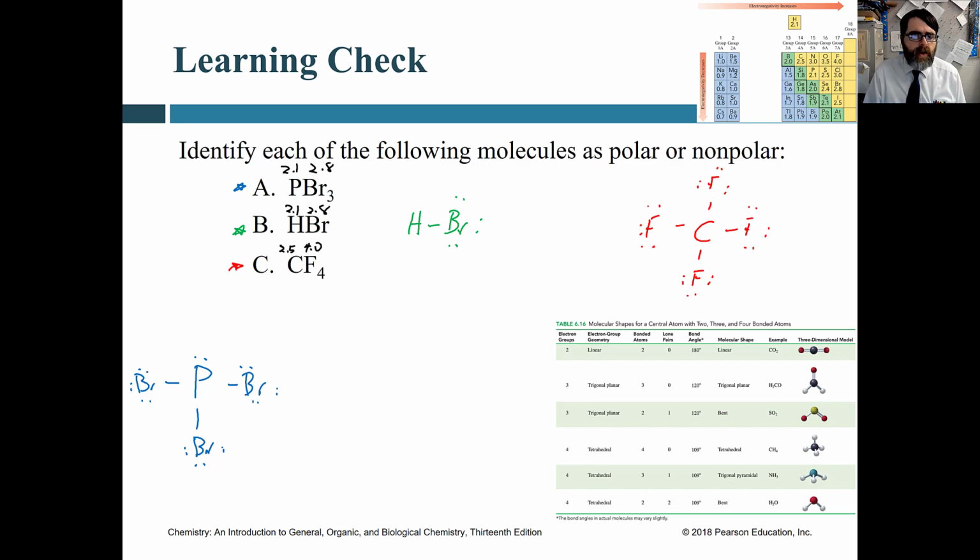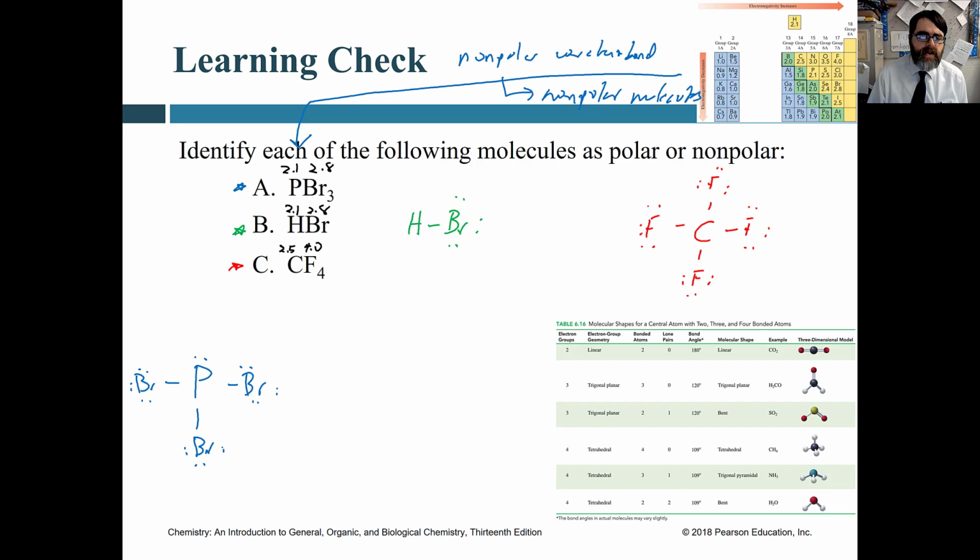I went ahead and looked up the electronegativity values as well and jotted those down here, mostly because I want to make sure that they weren't trying to sneak in a nonpolar covalent bond. Because if any of these were nonpolar covalent bonds, then automatically they'd be nonpolar molecules.